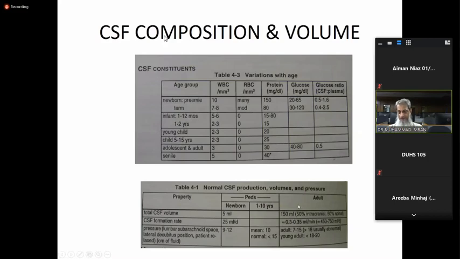And formation of CSF is 25 ml per day in newborn and 450 to 750 ml per day in adults. The pressure of CSF in adults is about 7 to 15 centimeter of water. This is the normal pressure of the CSF.